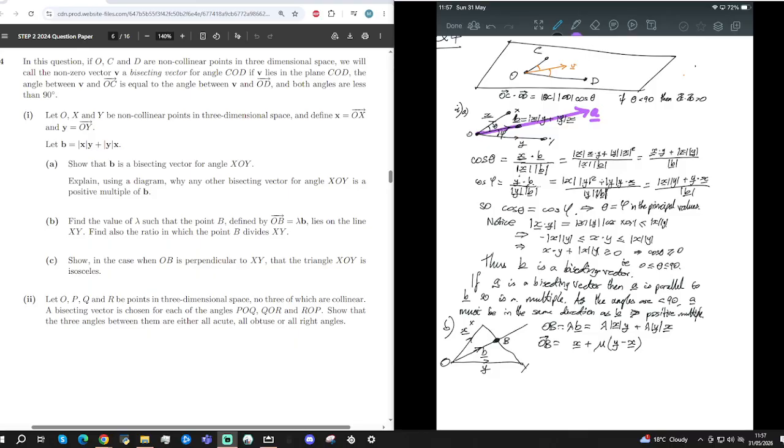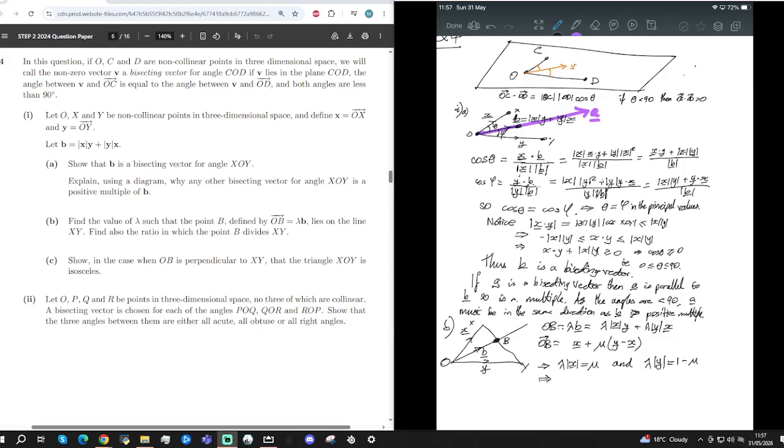So we can say that OB is a multiple of B using the notation they've given, but also we can say that OB is X plus some different multiple of x to y. Now x to y is y minus x. I'm actually going to put in what I know b is, mod x y plus lambda mod y x. So now we can read off two simultaneous equations basically. Looking at the y coordinates, lambda mod x equals mu, and looking at the x coordinates, lambda mod y equals 1 minus mu. So we don't care about mu.